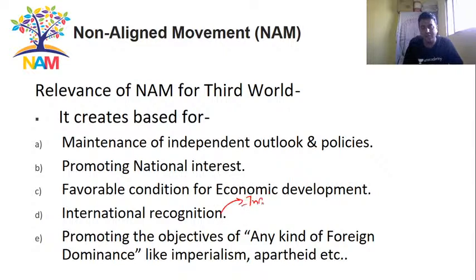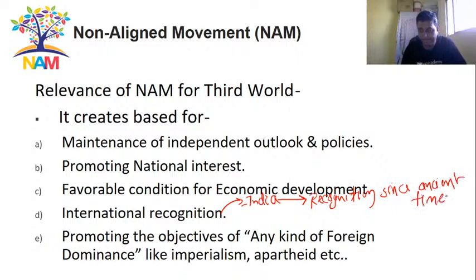India was having recognition, is having recognition since ancient time. This is case 1. But case 2 is important for us.